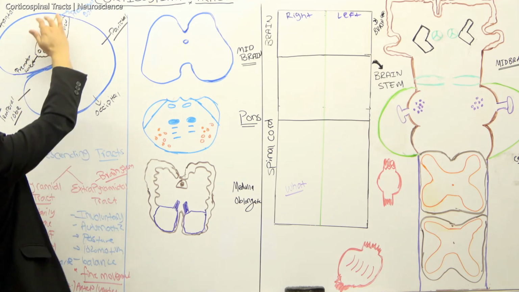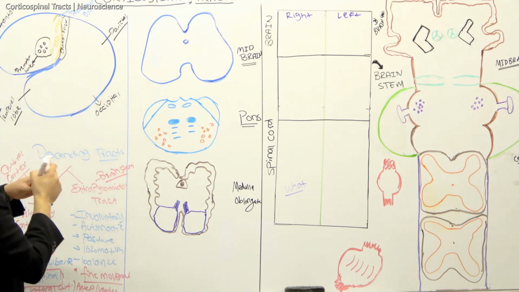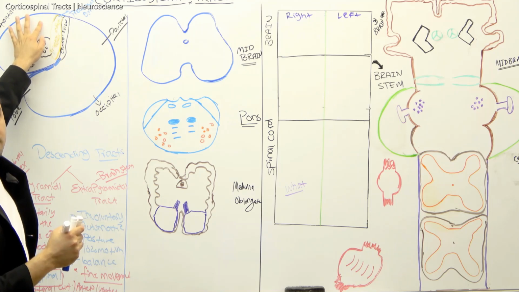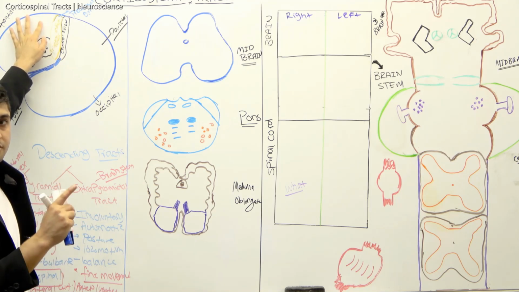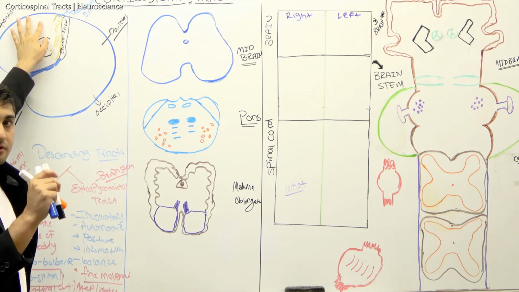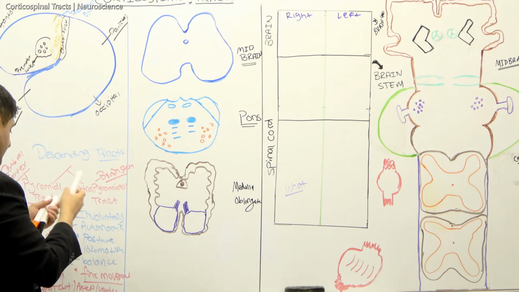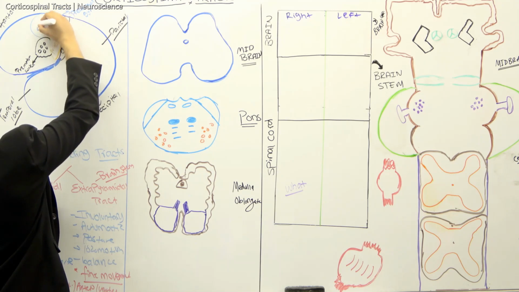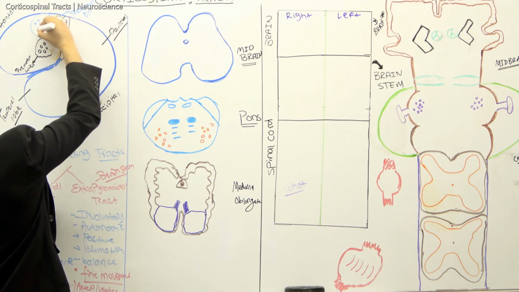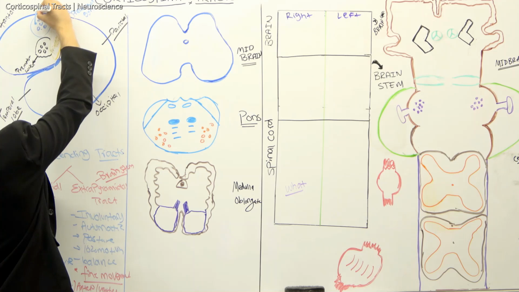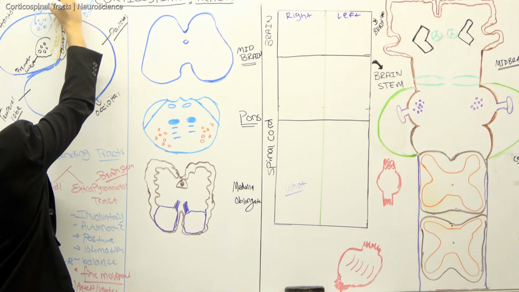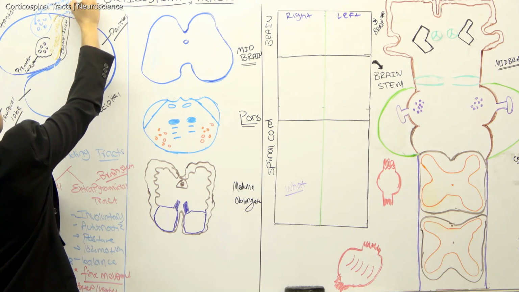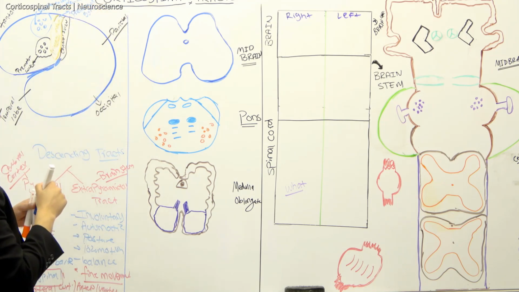Around here, there's also something called the superior frontal gyri. On the medial surface of the superior frontal gyri, you're going to find something else. Let's write down here the nuclei for this motor cortex, which is called the supplementary motor cortex. Look, this is very important.